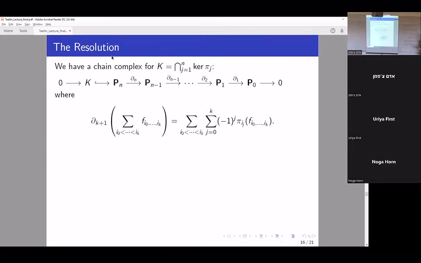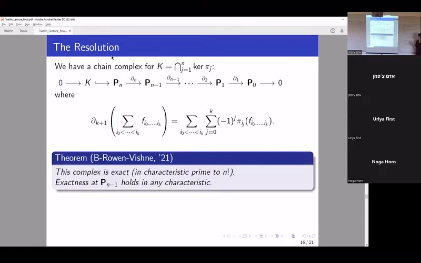And when we have this chain complex, it just means this complex is exact. There are some things to verify, but it turns out this complex is indeed exact. This is characteristic prime to n factorial, but exactness in the first component, n minus 1, actually holds in characteristic 3.